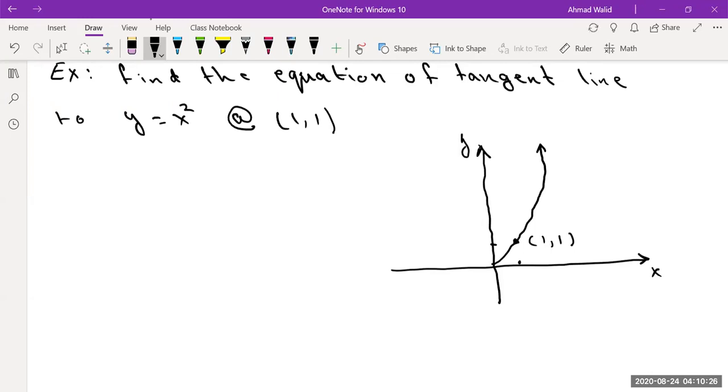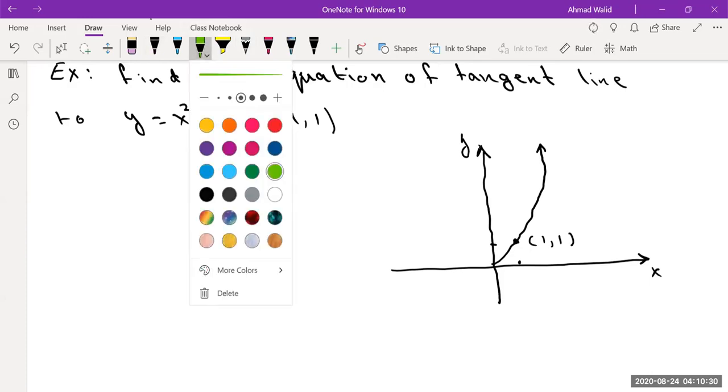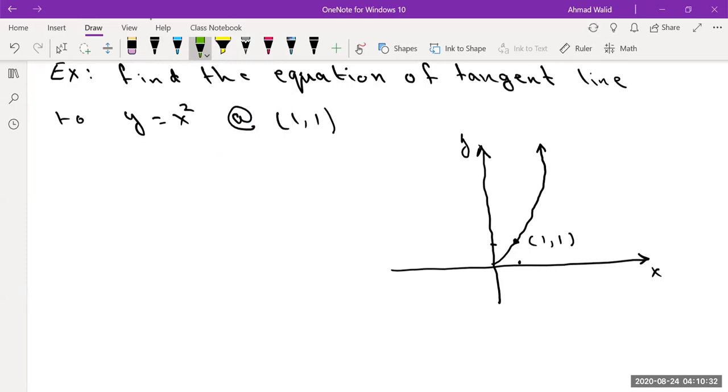To find the slope of the tangent line, let me draw a line for you. This is, for example, your tangent line that touches your curve at one point. I'm trying to find first the slope for this line. If I know the slope and one point on the line, based on algebra, it's really easy to write the equation of the tangent line.